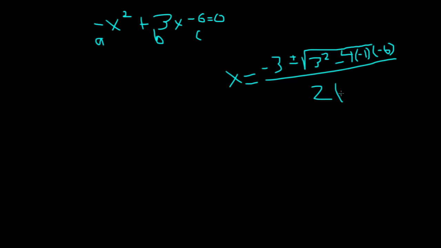We're going to go ahead and set one of these up. Negative x squared plus 3x minus 6 equals 0. Okay, so we're going to plug this into the quadratic equation. So a will be negative 1.